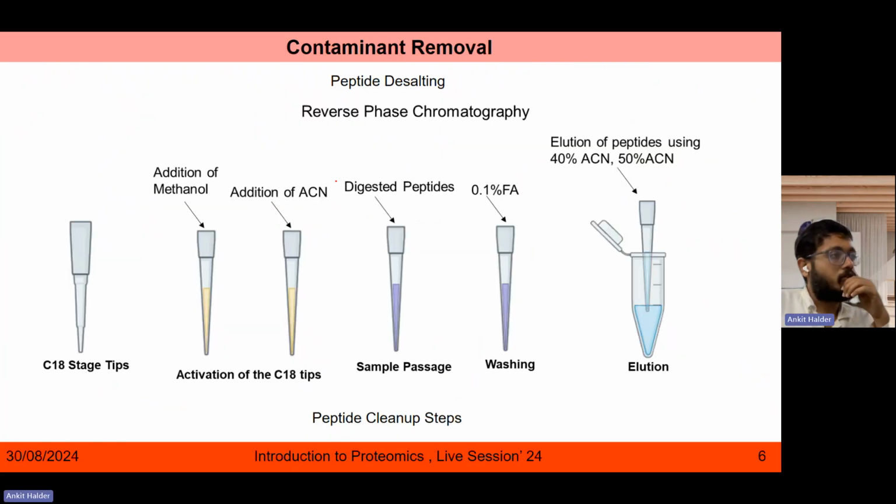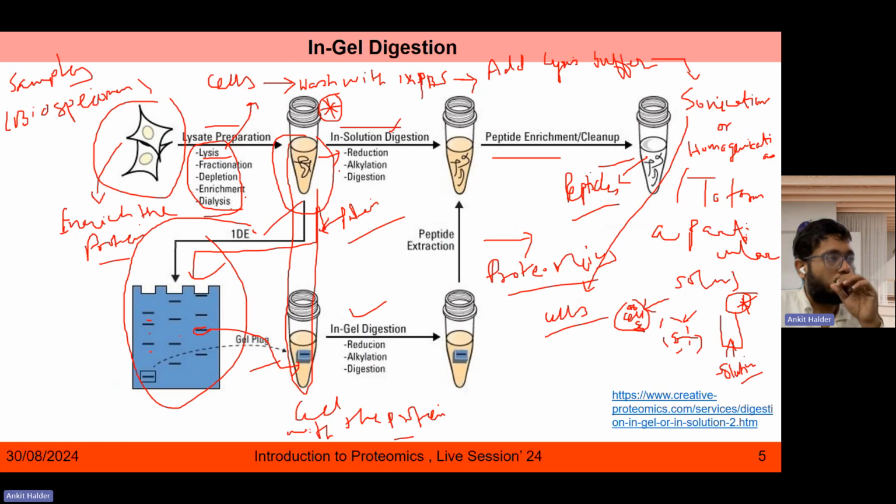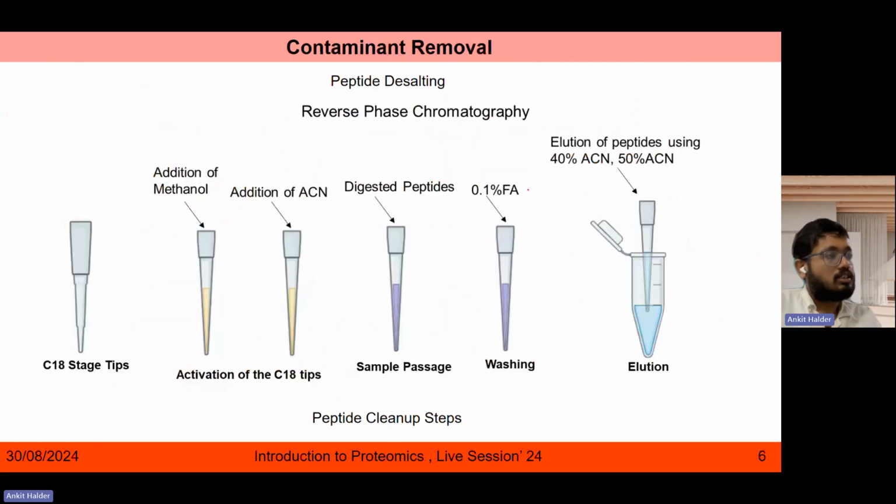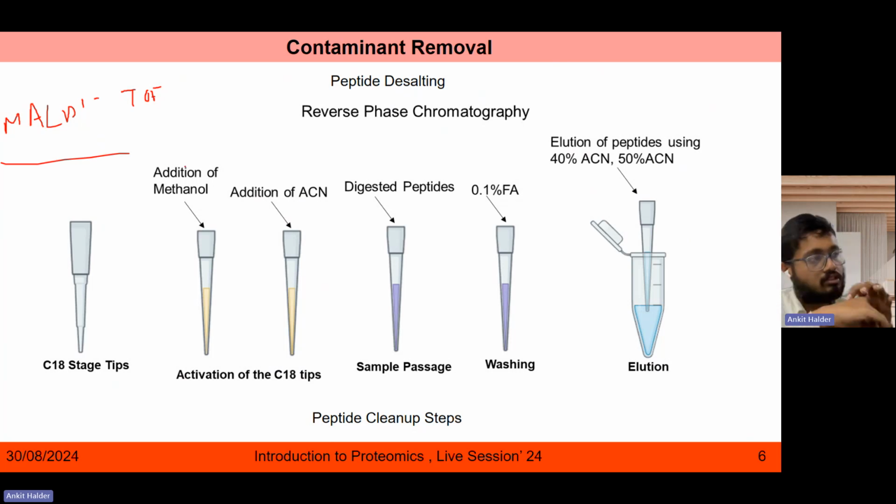Before going into this part, as in MALDI, it is better to clean up the samples so that we can have an improvement in the detection of the protein or peptide. This is why we have the concept of peptide desalting.